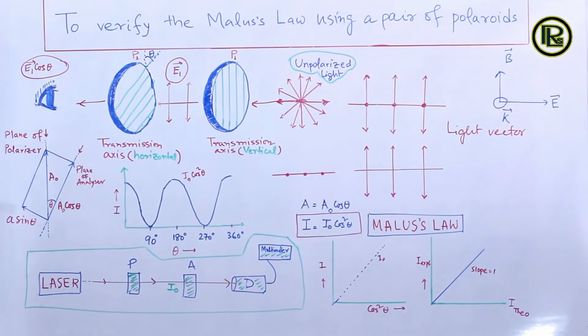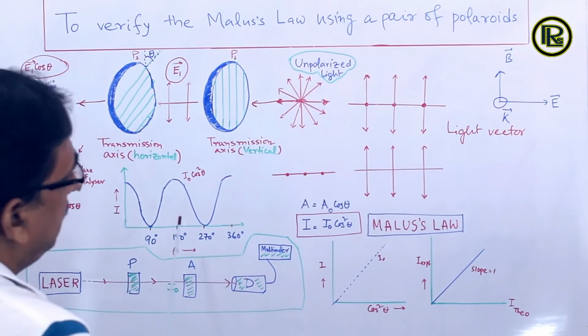So if we plot I versus theta, then what we find is, at theta equal to 0 and theta equal to 180 degrees, we get the maximum intensity, and that value becomes I0. And at theta equal to 90 and 270 degrees, we get the minimum value, and that minimum value is 0.